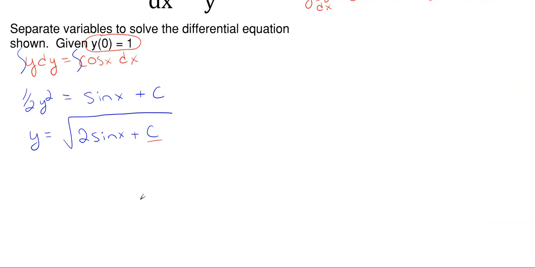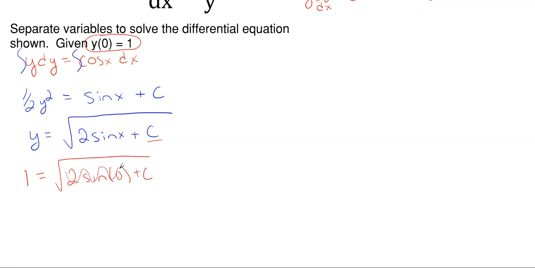So let's do that. As I stated earlier, whenever you see an expression like this, it means that the y equation, when you plug in x as 0, results in the value of 1. So when you plug this in, you would have 1 for y is equal to the square root of 2 sine of 0 for x plus the constant. Well, this one's quite simplistic because the sine of 0 is 0.